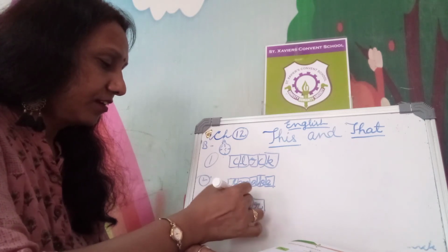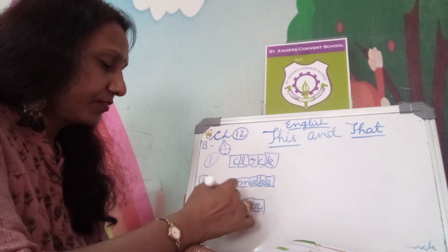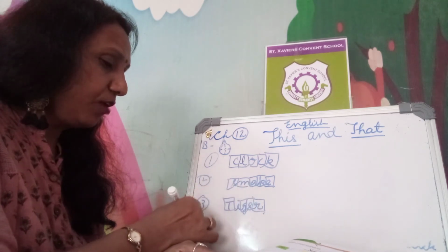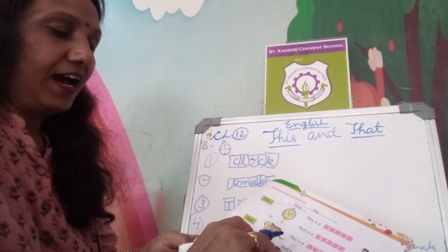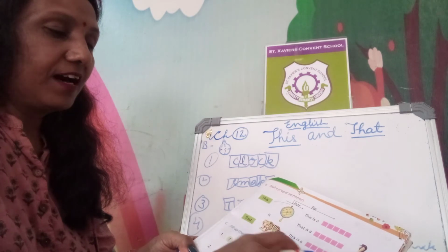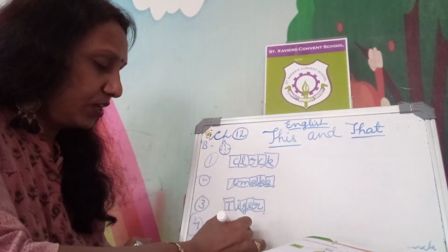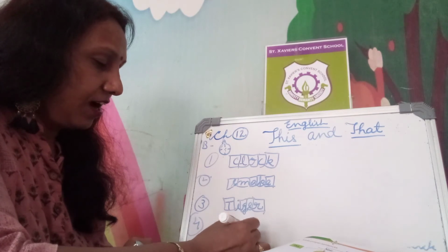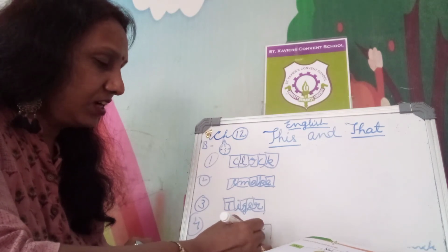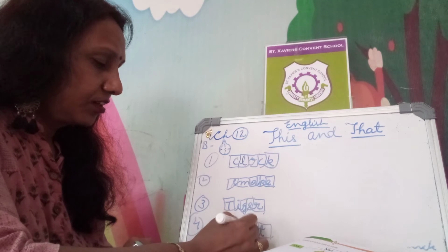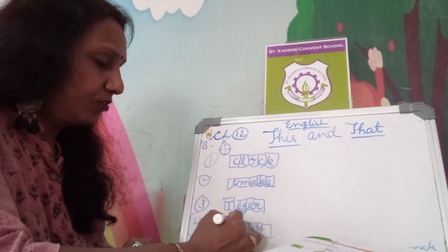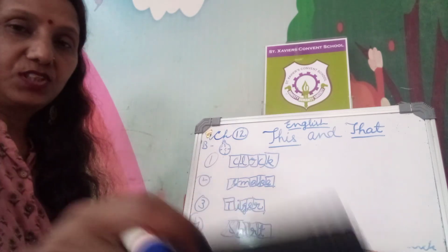TIGER. Alright. Picture number 4, what? That is a shirt. SHIRT. Alright. You have to fill in the blocks.